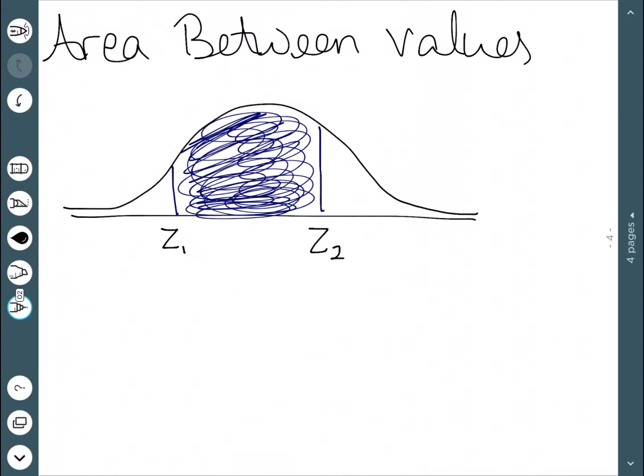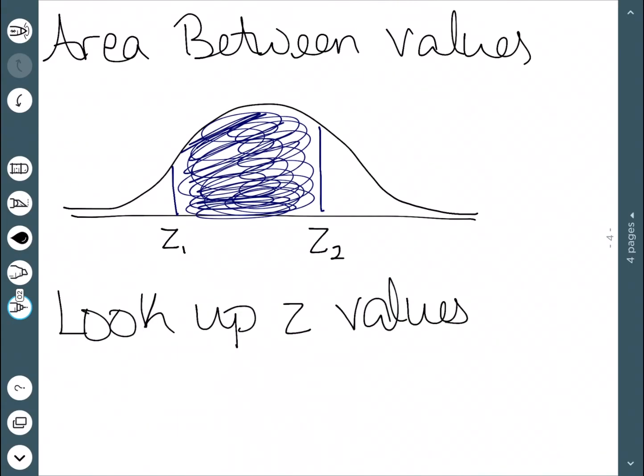The final case is looking between two values. We want to know the area between two given z-values. Well, once again, the first step is going to be to look up the z-values, in this case, both of them. When we look up the one to the right, it's going to give us all of this area to the left. However, you'll notice that all of this part is extra area that we don't want.